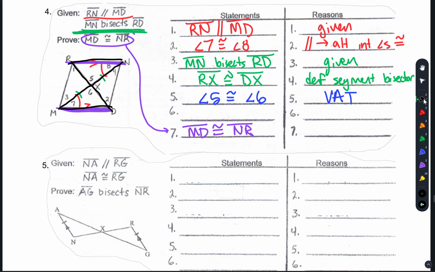All right, step 6, name those two triangles. If I start with RXN for my first triangle, what's the other triangle? Anna? Perfect. Oh, I didn't highlight this. So then what's my reason?